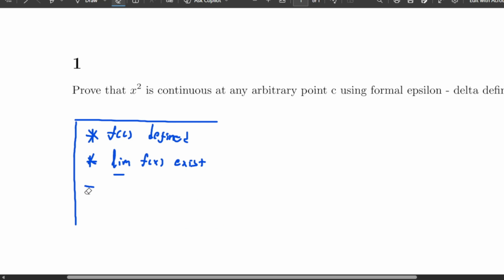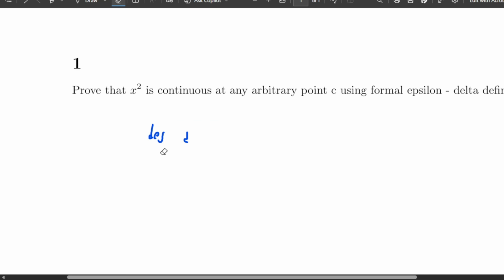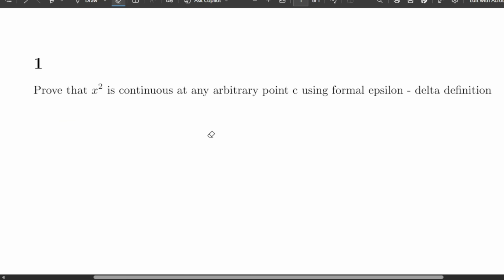For college, we use the epsilon-delta definition to prove if a function is continuous. In this case, we need to prove that x squared is continuous.